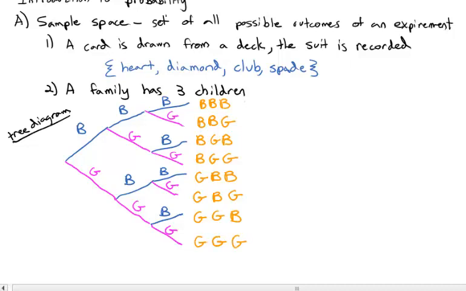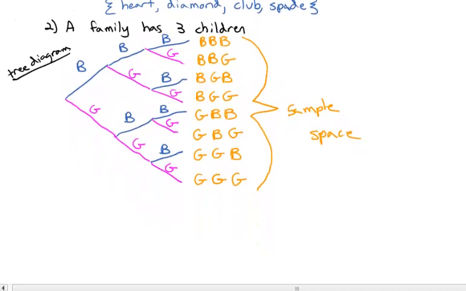And so now, this set is the sample space of the possible family outcomes of this family with 3 children. So sometimes when it gets a little more involved, we'll use a little tree diagram like this to find all the possibilities, and then later we're going to use tree diagrams to help us actually calculate some probabilities.